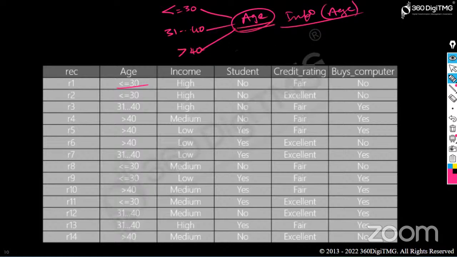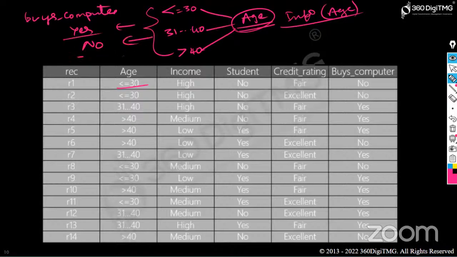When age takes these values, you will be having the Bayes computer output, saying yes and no. When I say less than or equal to 30, how many yes are there and how many no are there? That will give you the probability for less than or equal to 30.